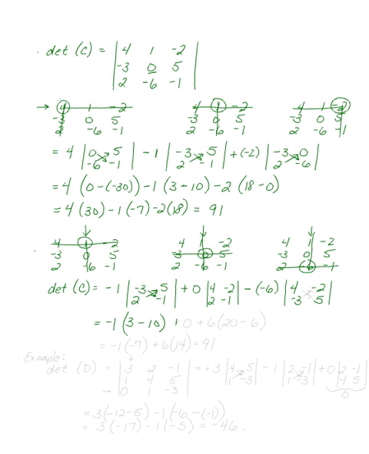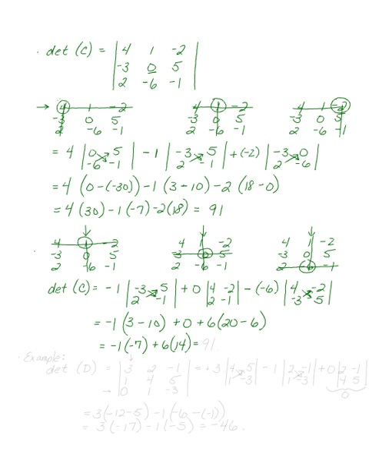Plus 0, I'm not going to worry about that, plus 6 times the determinant, this is 20, minus 6. So I've got negative 1 times negative 7 plus 6 times 14.